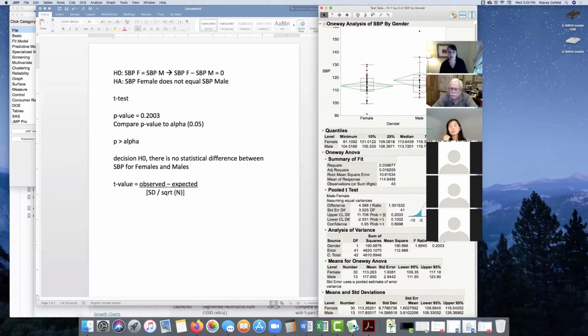What was your setup? How strong was your design? What was your alpha? If it's statistically significant, is that difference meaningful to your population? Statistics is just a tool to help you make those decisions. Does that round it out for you, Ron, on the t-test?